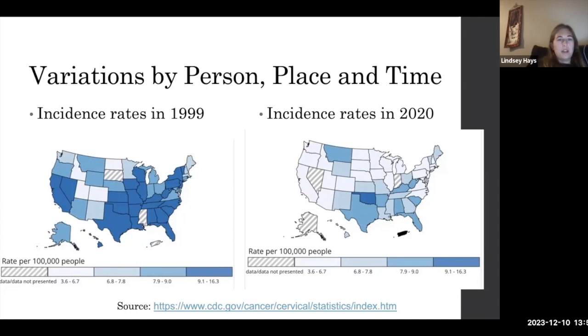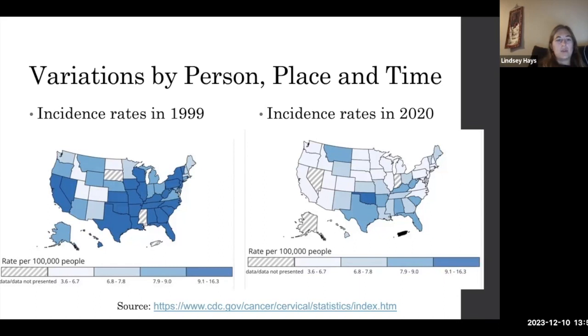In regards to person, by gender, the disparity only affects those with a cervix. Those assigned female at birth are the only people at risk of developing cervical cancer. So there aren't any statistics comparing biological females to biological males, since biological males cannot suffer from cervical cancer.